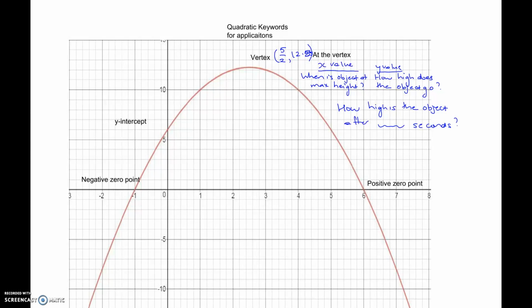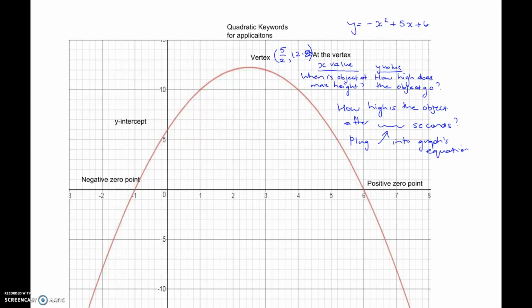What we would do to answer that is that we would simply plug that number into the graph's equation. So for this one, y is equal to -x² plus 5x plus 6. So if we wanted to know how high the object is after 1 second, we'd simply plug 1 into that.